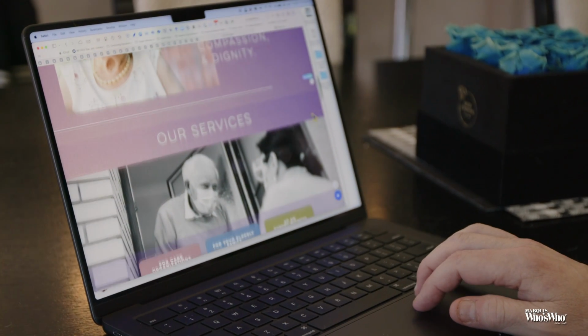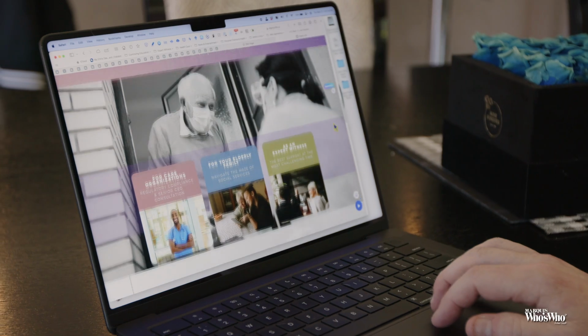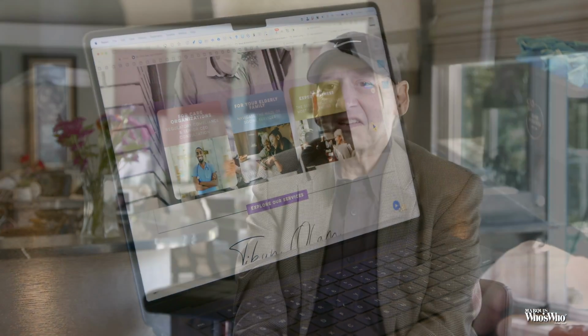So the question is, doing what? And the doing what is really focusing on, one, mentoring, as I've previously mentioned, the next generation of healthcare leadership. And secondly, I want to help older adults and their families navigate the very difficult path that is our healthcare system.